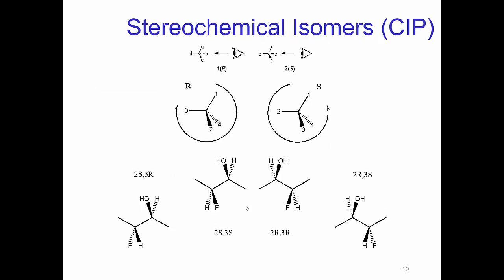So this is a depiction of how we actually determine stereochemistry using the CIP or Cahn-Ingold-Prelog rules. The top is the traditional thing, and actually this is printed in the original IUPAC rules and the papers associated with that.